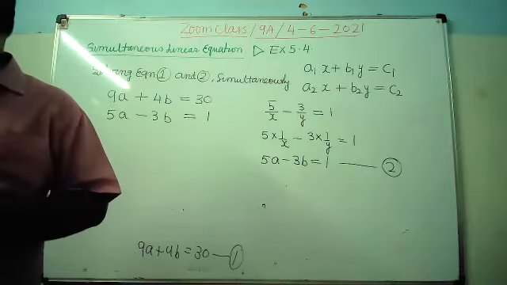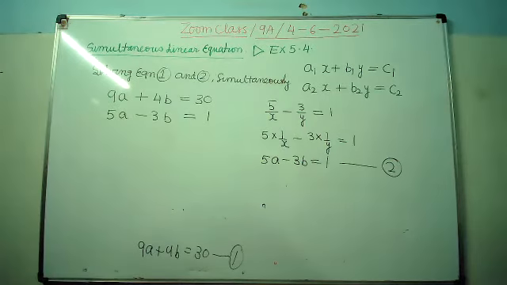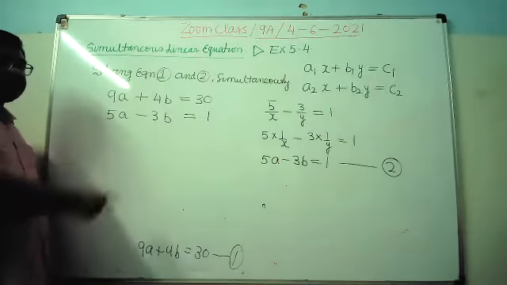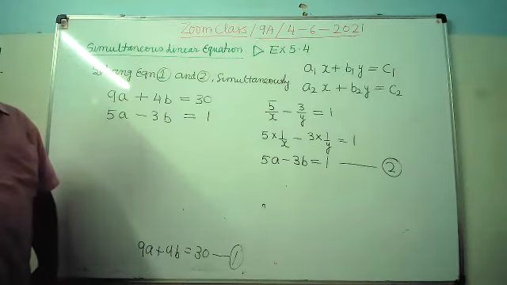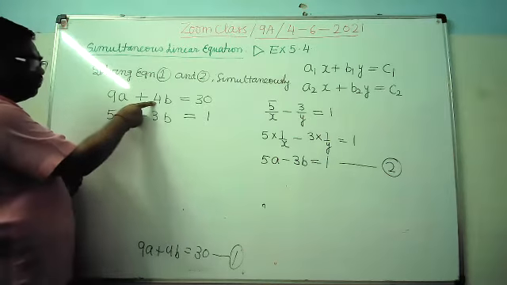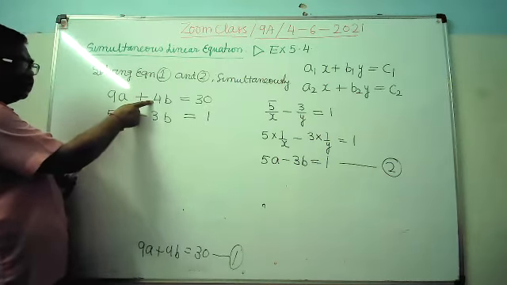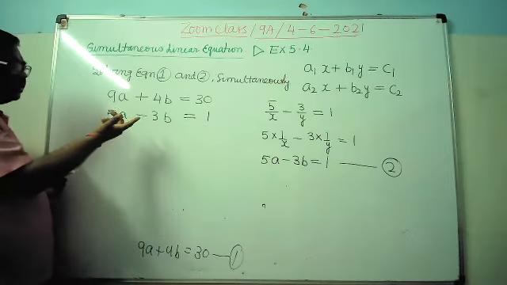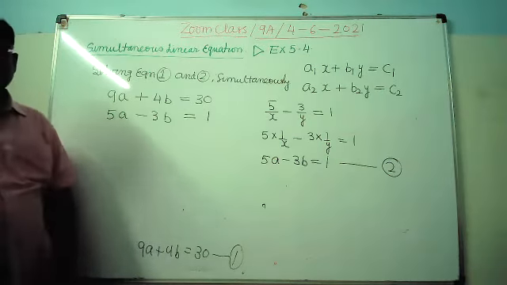Suppose you want to eliminate b. Then you make the coefficients of b equal. Now what is the coefficient of b here? 4. Here? Minus 3. Yes, minus 3. But we will ignore the sign.